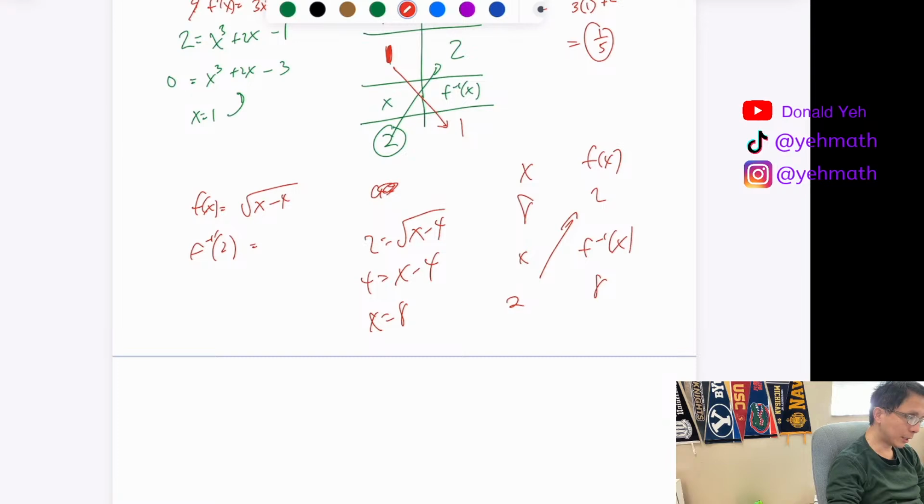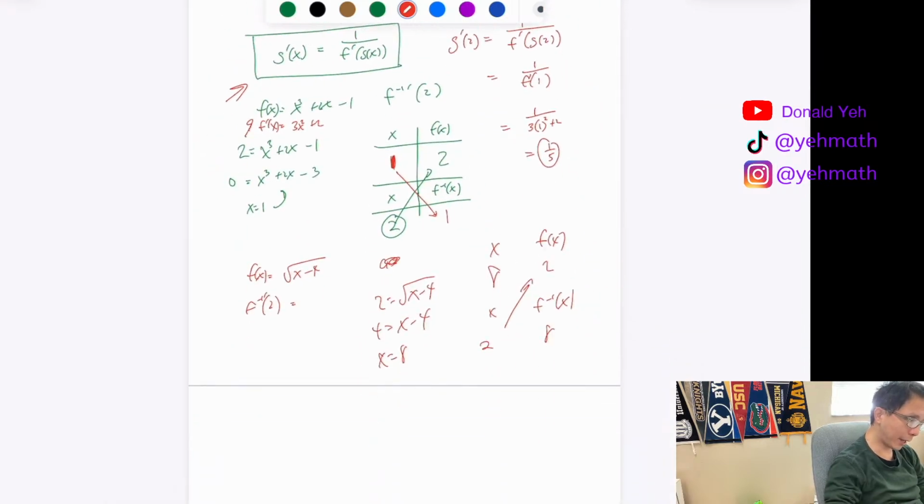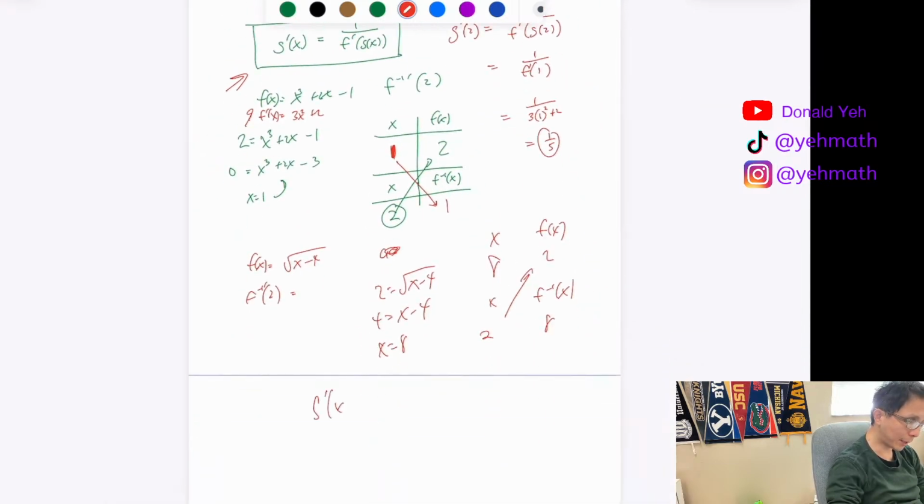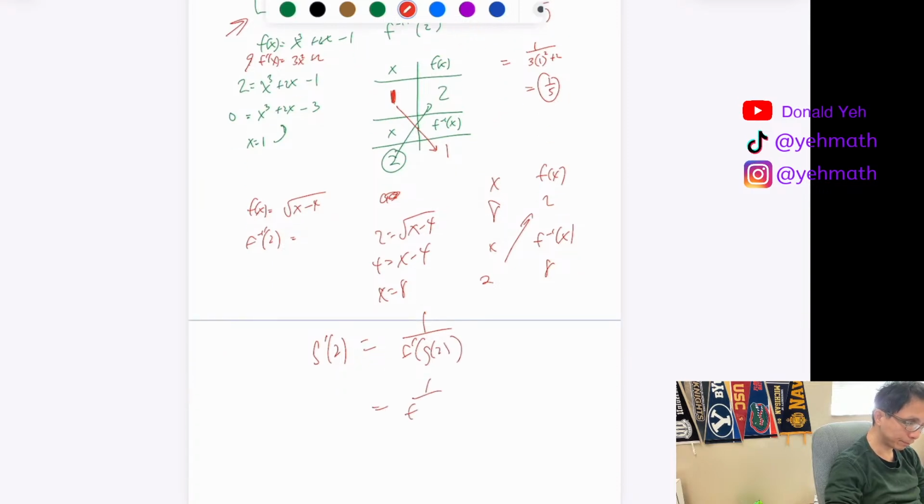Now all I gotta do is follow that. So g prime of 2, which is the inverse function, is equal to 1 over f prime of g of 2. Well, g of 2 is equal to 8, right?